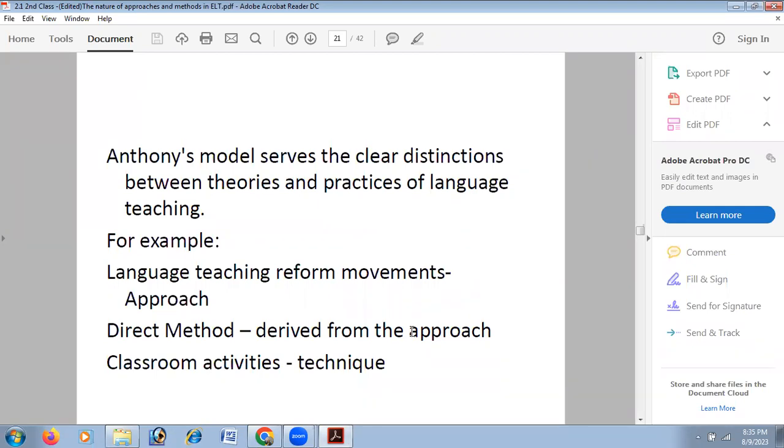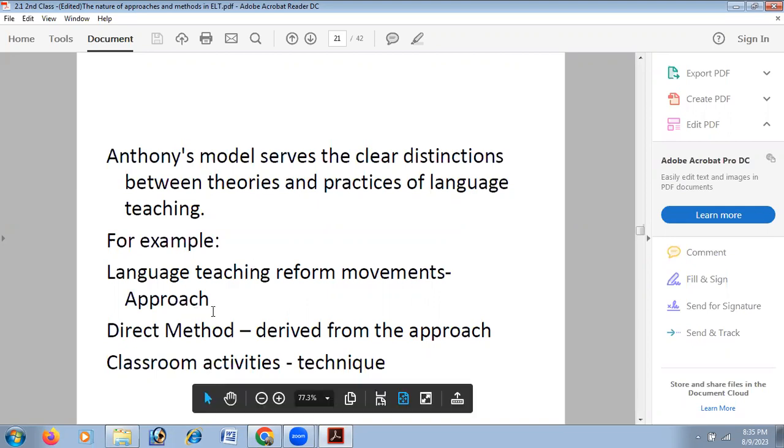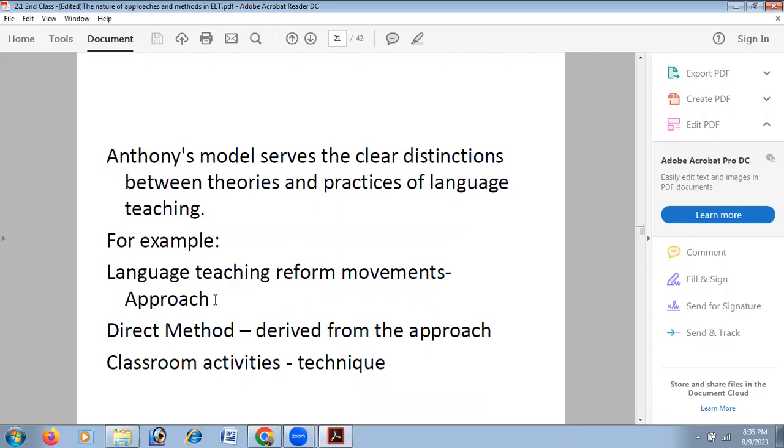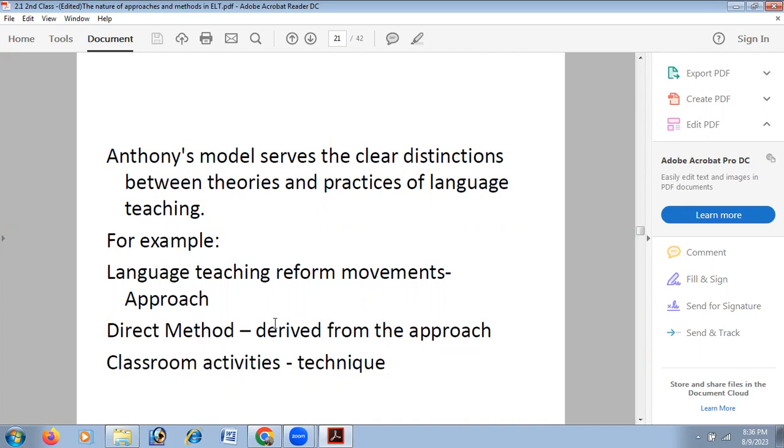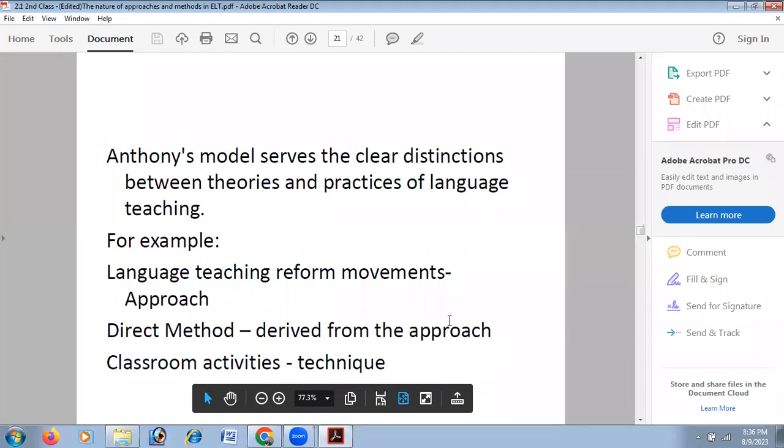Direct method is derived from the approach. The language teaching reform movement was an approach, that is the theory, the philosophical, theoretical observation in case of language teaching and learning. And direct method derived from the approach. What is direct method? We will have a different class on this method. And the classroom activities, the techniques.